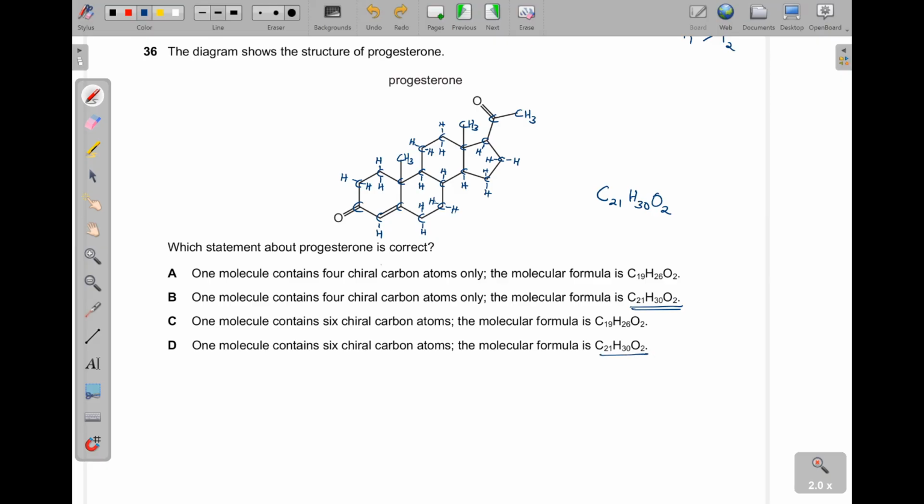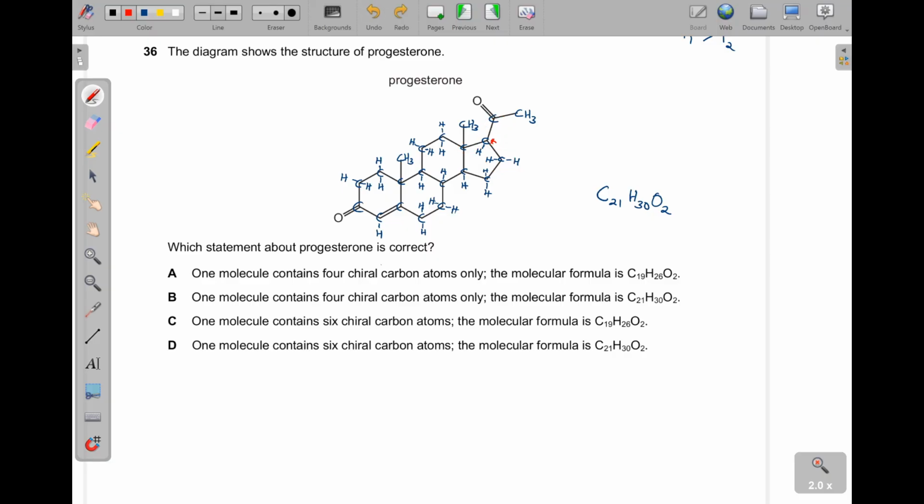Now let's go to the chiral centers. Remember, a chiral center is a carbon that has 4 different groups attached to it. Let me change the color for this one here. There is a chiral center here, so I'm going to put an asterisk, because this group here is different from that way, and there is a hydrogen here.